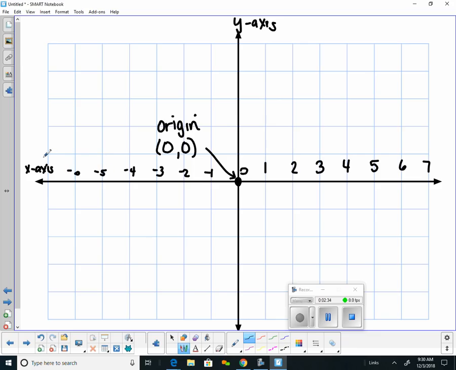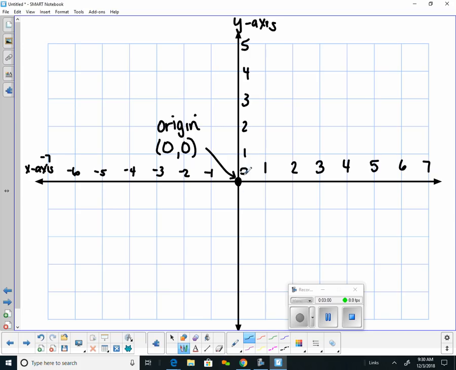Now, the y-axis is just a little different because we've not seen one up until now this year that goes up and down. So what's happened is they've taken another line and they've just flipped it vertically. So if I go up, those are positive. So from here, this is also 0. So we go 1, 2, 3, and we count up positively.